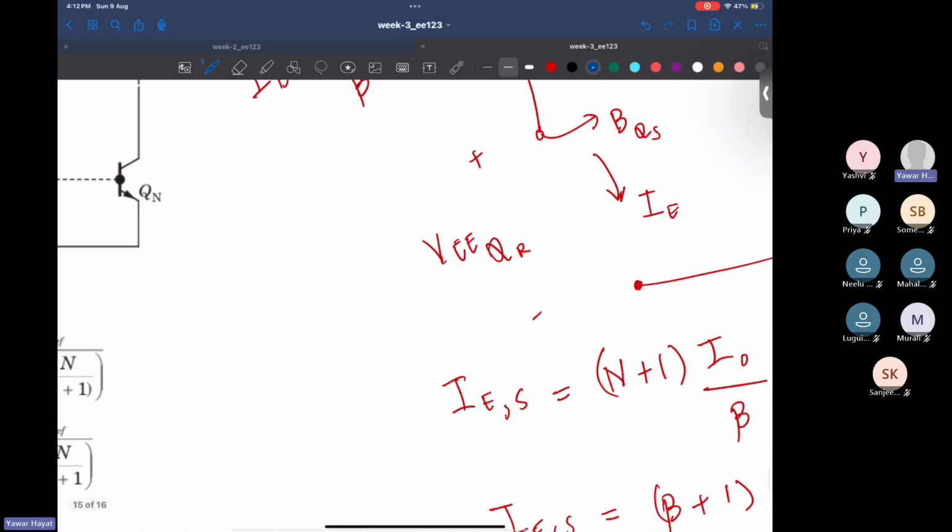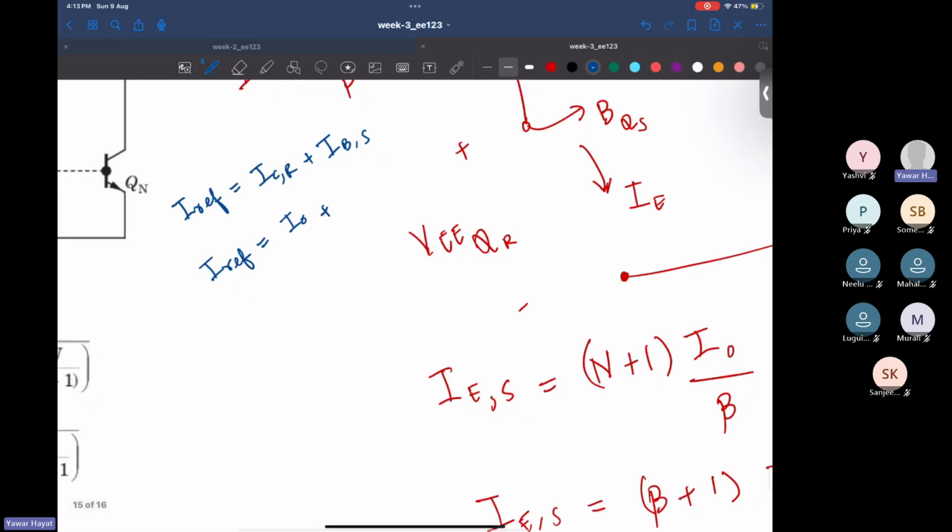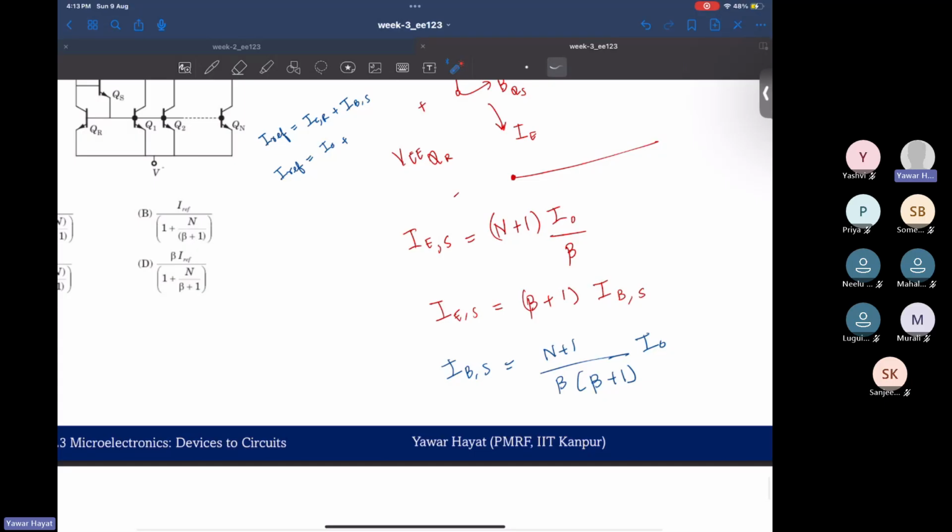So your IREF would be equal to the collector current of your reference transistor plus the base current of your source transistor, right? So what is IREF? That would be equal to ICR, the collector current of your reference transistor, which is IO, plus the base current we have already computed for the source transistor in terms of IO.